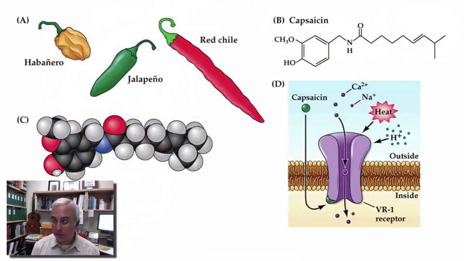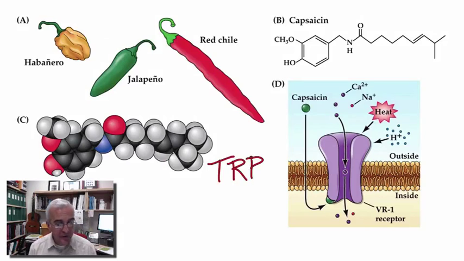We call these receptors TRP channels as just a shorthand, so transient receptor potential channels, or TRP for short, and they come in a large variety of specific molecular species that are tuned for particular types of substances in the environment that might activate them.